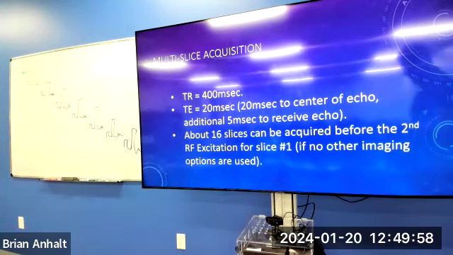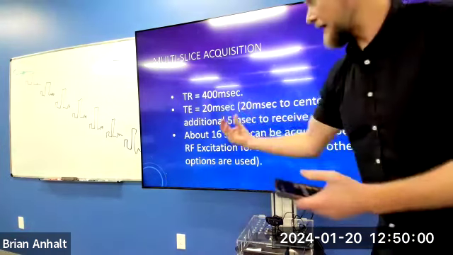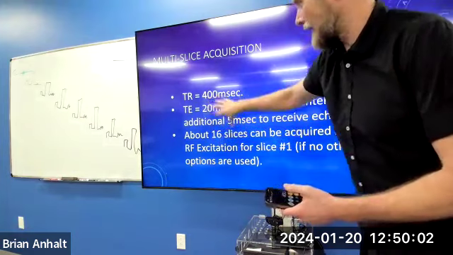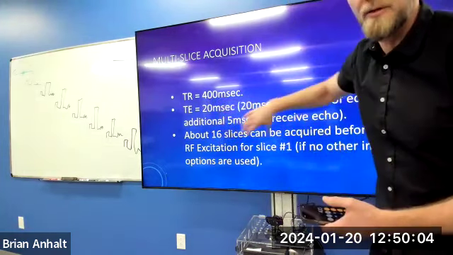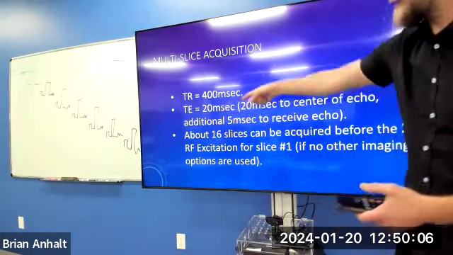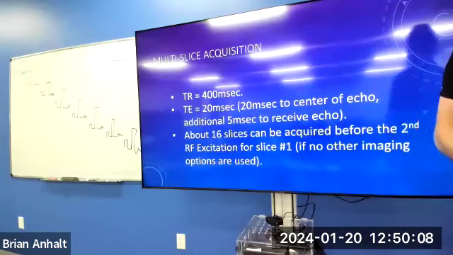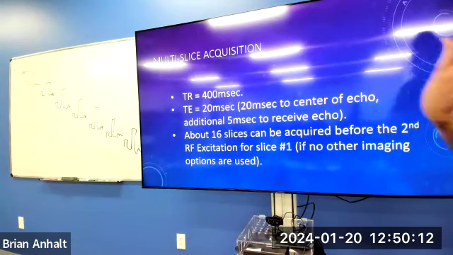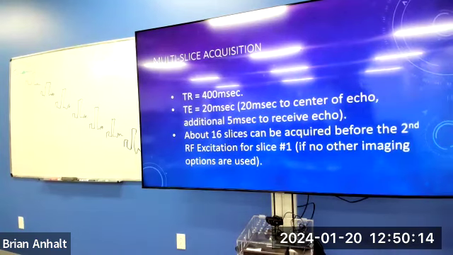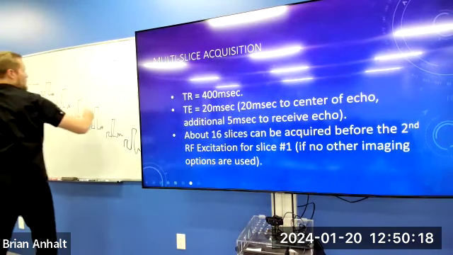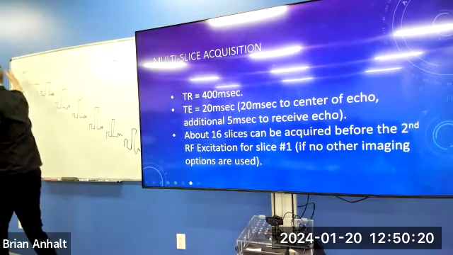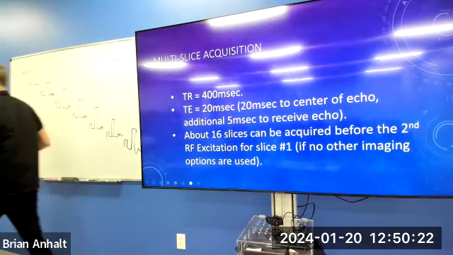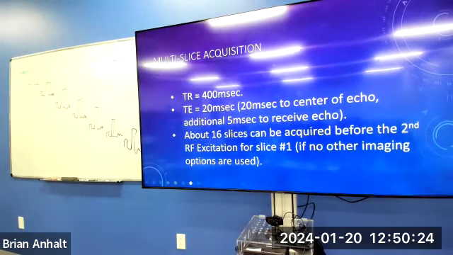Yep, so at 20, I can collect an echo at every 25 milliseconds, right? So I can do that 16 times in a 400 millisecond TR. So what happens if I add that next slice? It's going to increase the TR, right? Because we have to go back to the beginning and excite this slice again. We can't excite multiple slices at the same time. It has to be one at a time.